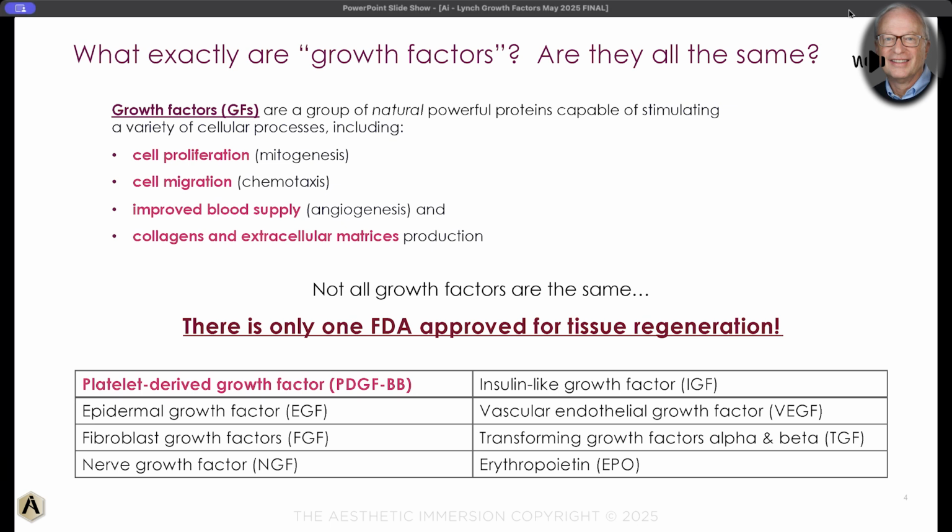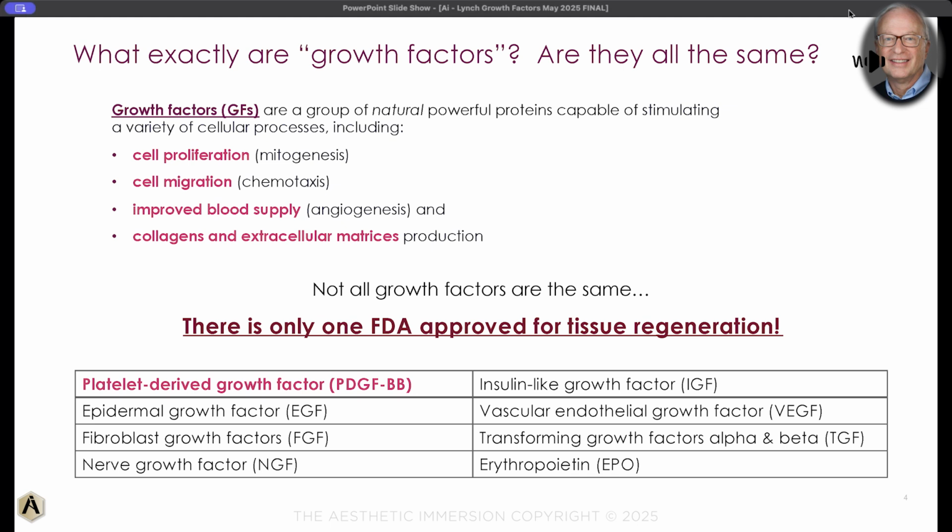So we need to know exactly what kind of growth factors we're going to be using. The only growth factor that's ever been FDA approved for tissue regeneration is PDGF. It's the only one. Here's a list of several other kinds of growth factors. None of them have ever received FDA approval for tissue regeneration.